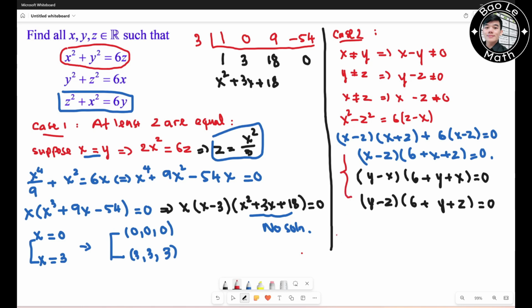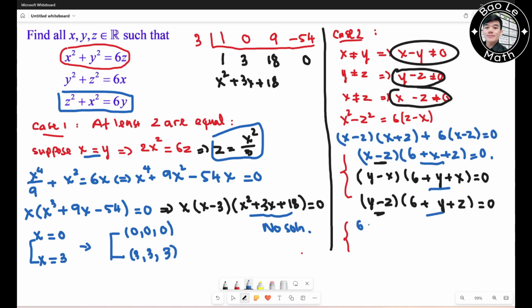Because we have x minus y different from 0, y minus z different from 0, and x minus z different from 0, you only need to let the other factors equal 0.